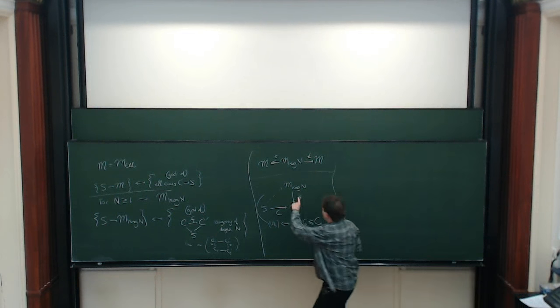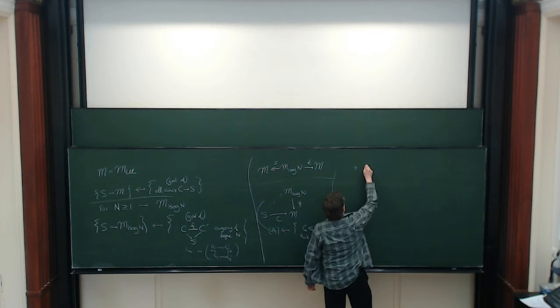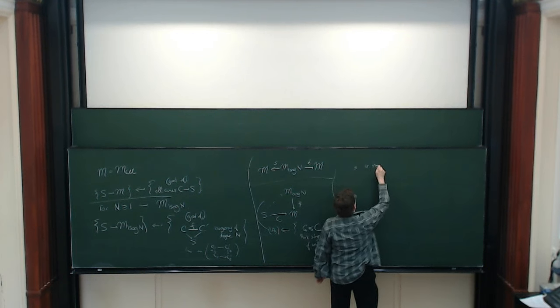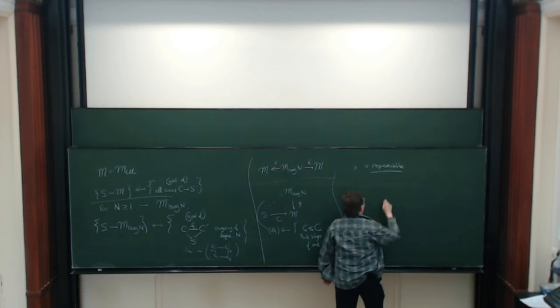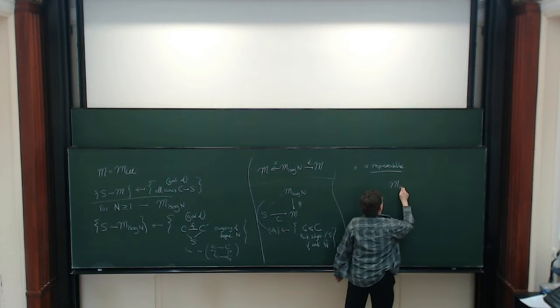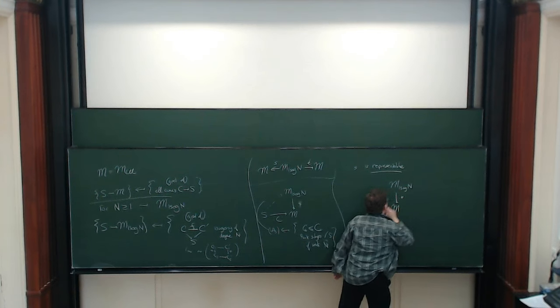This map is actually a particular kind of map. It's representable. S, and for that matter, T, this is representable. This means the following. So let's take little s.